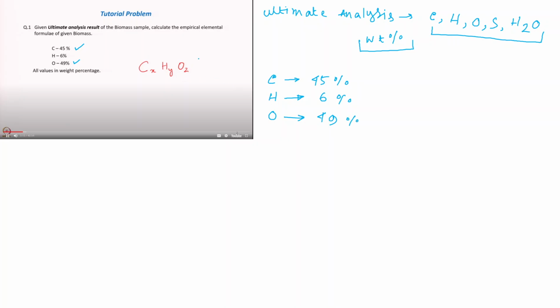You have to find out the empirical formula of this biomass or fuel. As it is given that the fuel is composed of carbon, hydrogen and oxygen, you have to calculate the x value, the y value and the z value.